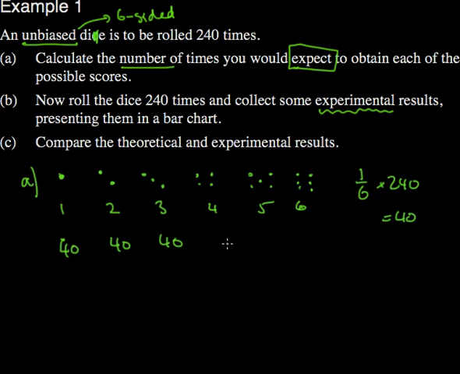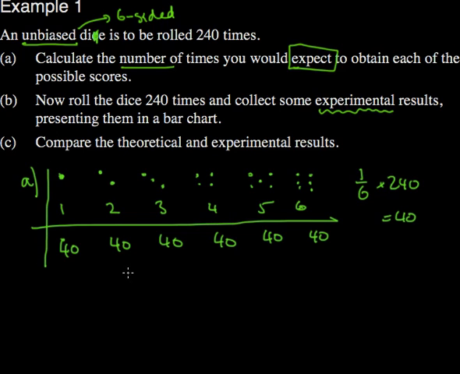times. Now, the way that I've written this, it doesn't really make any sense. I've just written random numbers around here that don't actually mean anything. So I better label this so it's a bit clearer. So what do these 40s represent? This is the number of rolls you'd expect.